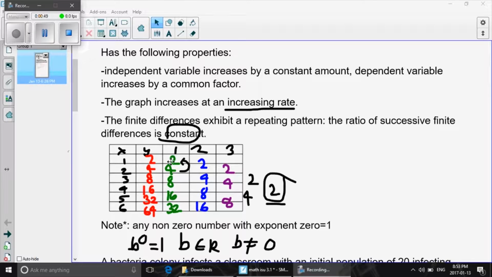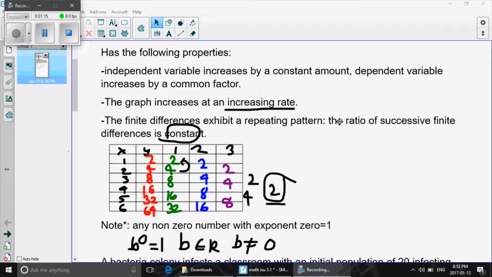So 4 minus 2 is 2, 8 minus 4 is 4, 16 minus 8 is 8, and so on and so forth. And you can see as we go on to the next difference, from first difference to second difference, one of the bottom numbers disappears. So this 64 disappears, the 32 disappears, 16 disappears, 8 disappears, and then 4 disappears, leaving the final number to be 2. You might ask yourself, why does that happen?